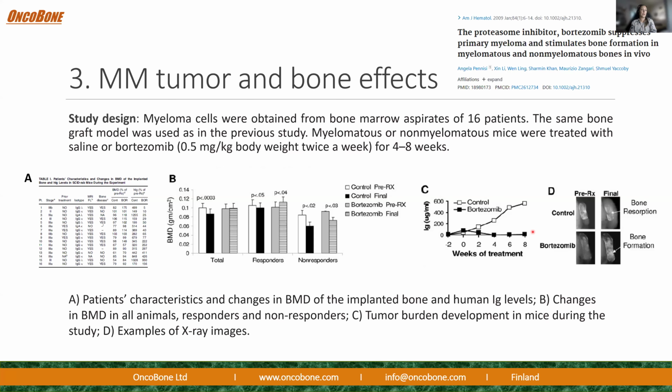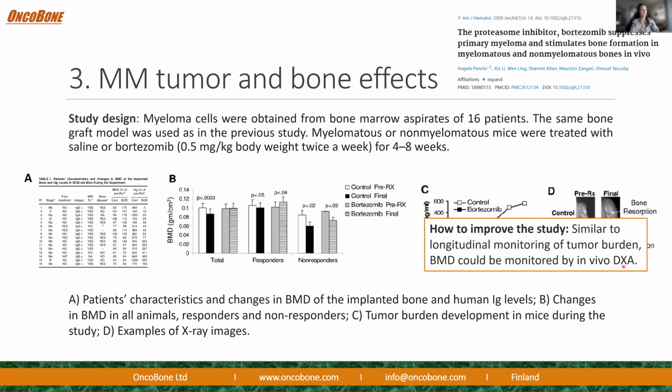And interestingly, the last point in the slide here is to show that they actually did visually also see how bortezomib can induce bone formation, and the mechanism of this I do not know, but the finding is really interesting when we are talking about mainly a cancer affecting compound.